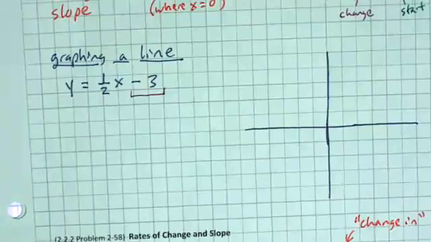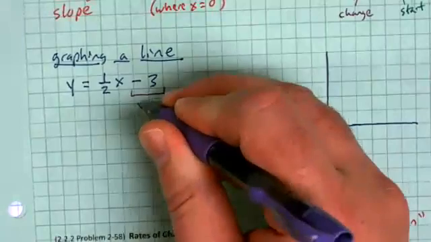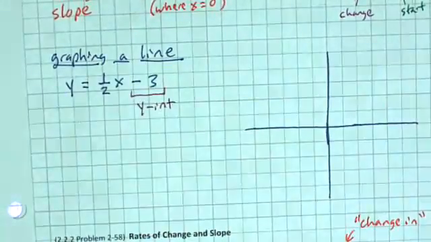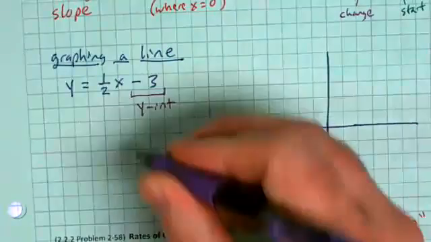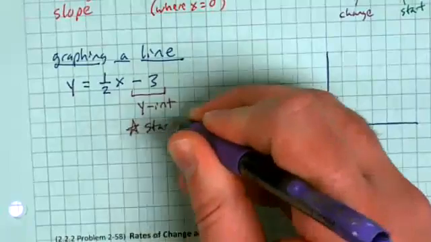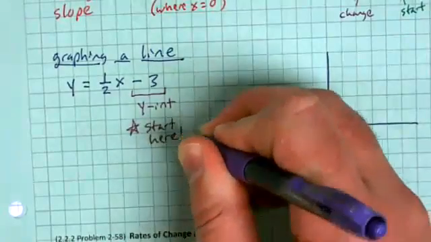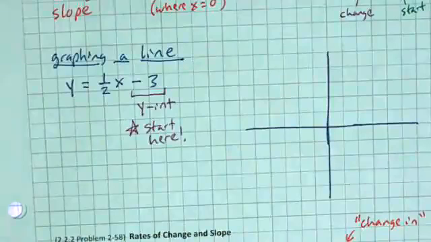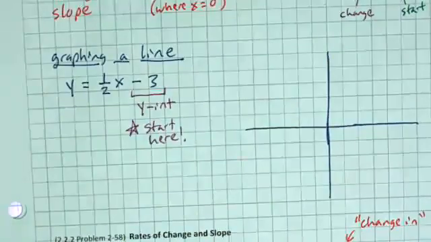That -3 is our y-intercept. And I'm going to make myself a little note. When we graph lines, that's where we always start. No, let me get you one. I'm sorry.